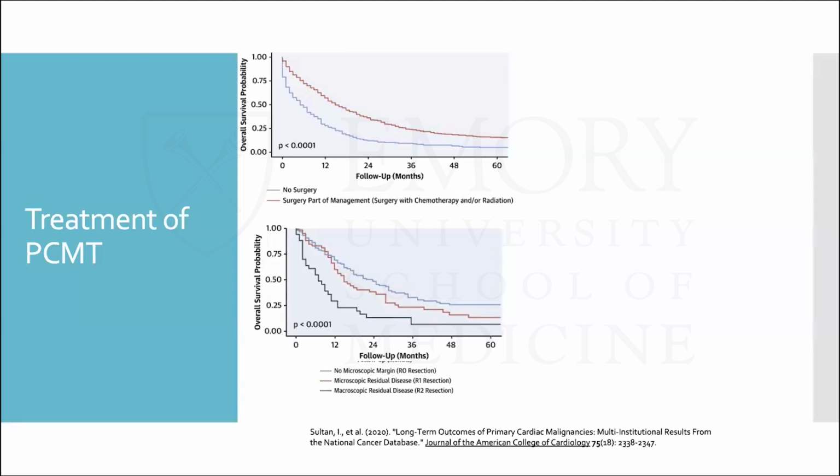What you can find here is that the survival rate at 1 year of those who had a complete resection was north of 60%, about 61%, while those who had some microscopic residual disease had a 1-year survival of about 51%, and those who had macroscopic residual disease, so disease you could actually see, had a survival at 1 year of about 27%. So really, how good the surgeon did influences survival as well.